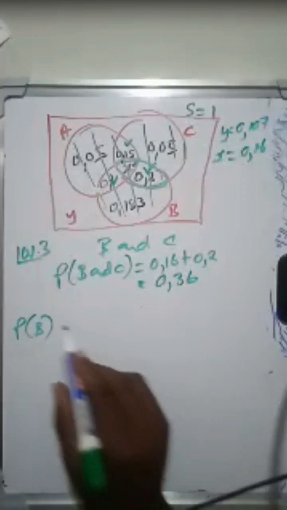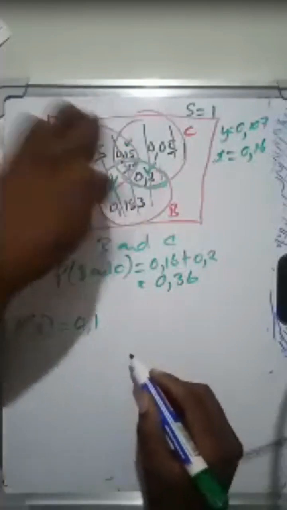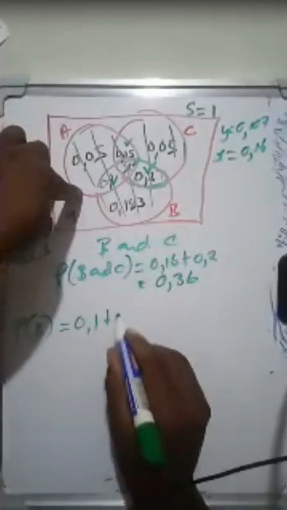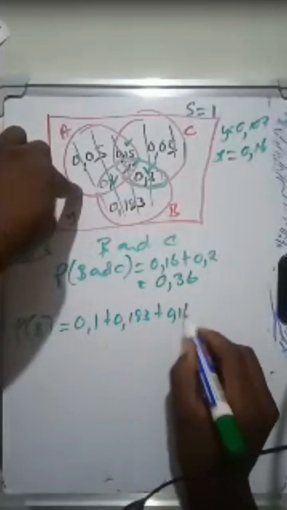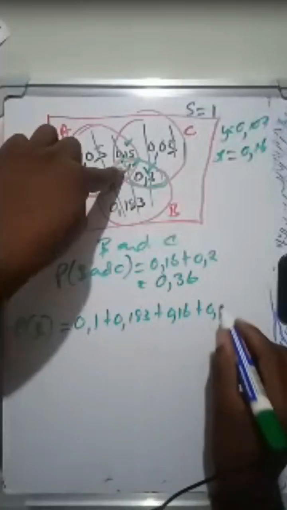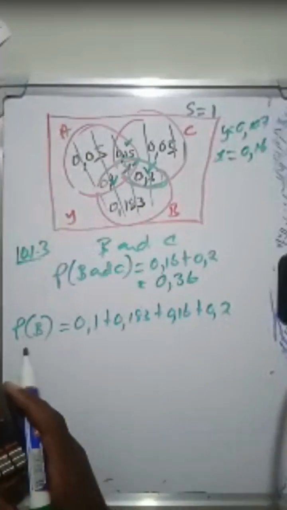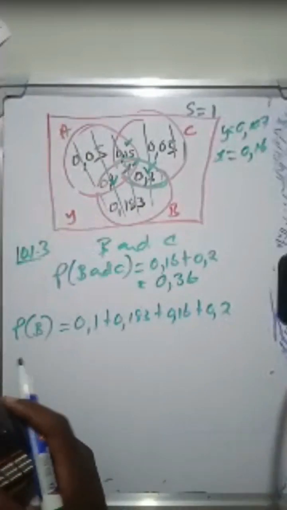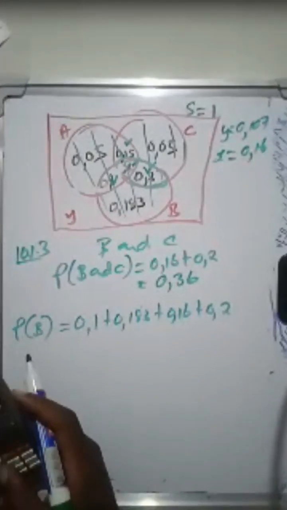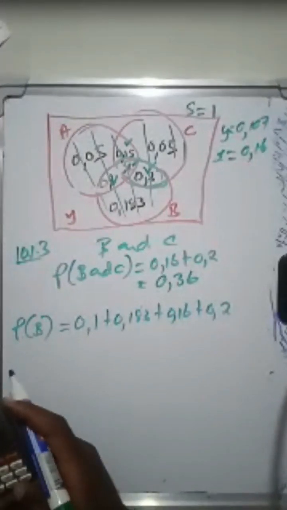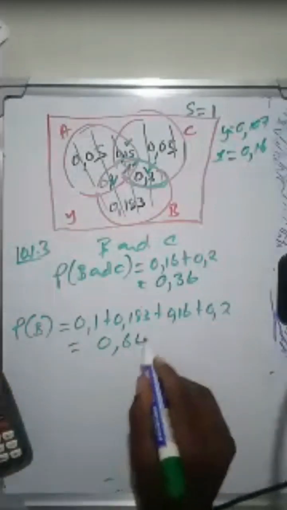Okay? Then what is the probability of B? The probability of B is going to be 0.1, all that is in B, plus 0.183 plus 0.16, which is X there, plus 0.2. Then the probability of B is equal to 0.643.